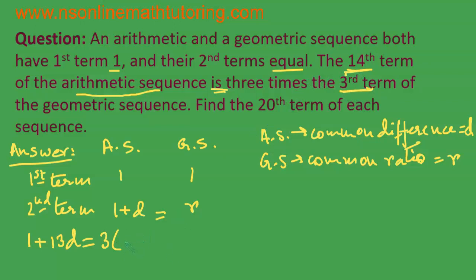What is the third term? It is 1 times R square, so it is R square. So 1 plus 13D is equal to 3R square. Let me write this as the second equation, with the earlier one as the first equation. And they are asking us to find the 20th term of each sequence.